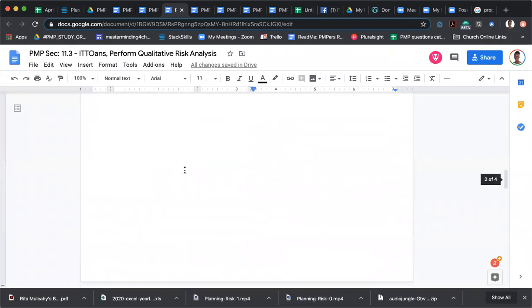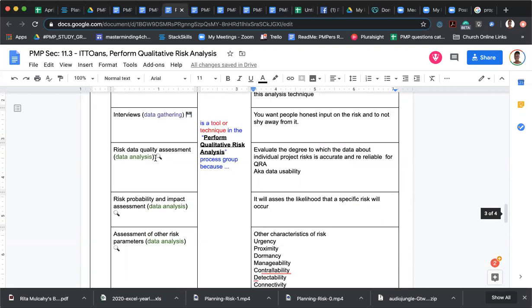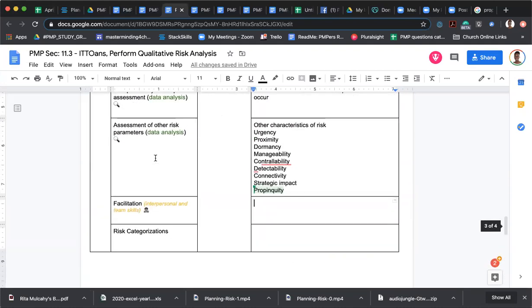I guess the reason why I did it was because some of them had so many, like in project documents. I guess the differentiator for me was I put it first with the connection afterwards, but then definitely I could switch it around. So interpersonal and team skills, I'll probably do that and then put a colon or something.